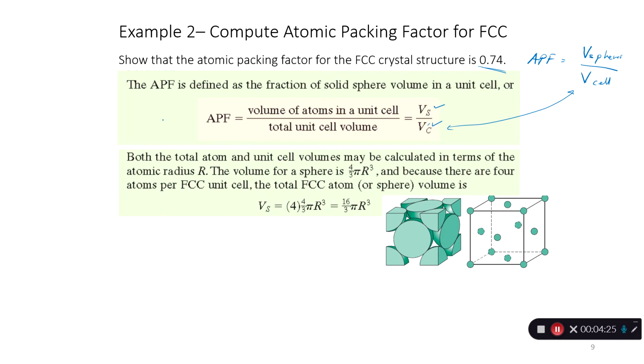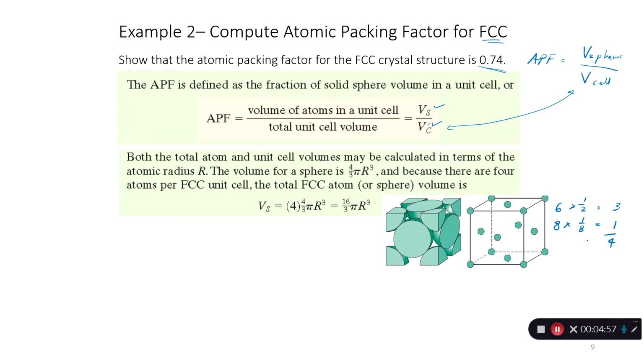The Vs is the volume of all the atoms. How do we do that? We know that for FCC there's a total of 4 atoms. We calculated that in the previous video. There's 6 half atoms at each face, equals 3, and there are 8 of 1/8 atoms, this is 1, therefore there's a total of 4 spheres.